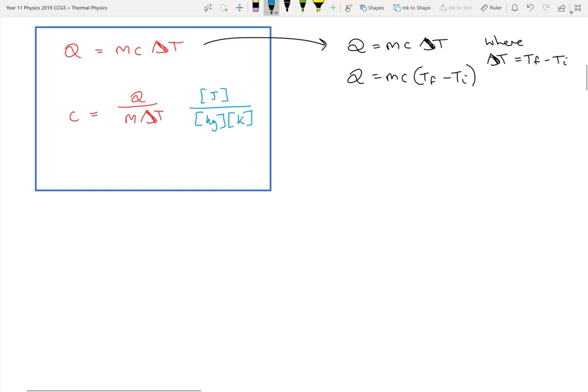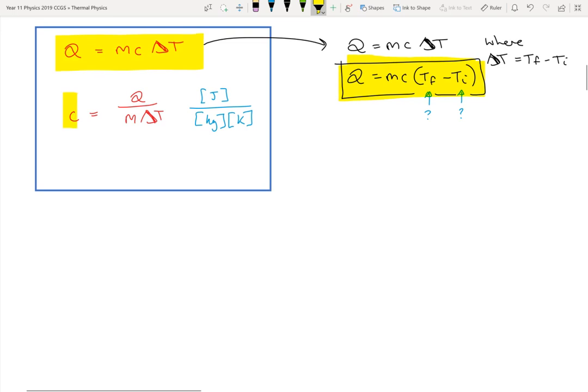Because occasionally we might be given the initial temperature and asked to find the final, or we might be given the final and asked to find what the initial temperature must have been. So just be aware of that, and let's highlight that.